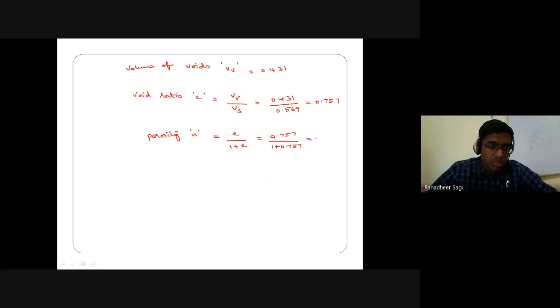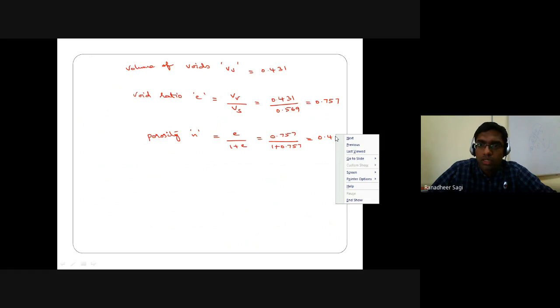Upon substituting, we get the porosity value: 0.757 divided by 1.757 is 0.43. That is going to be your porosity value of the soil.